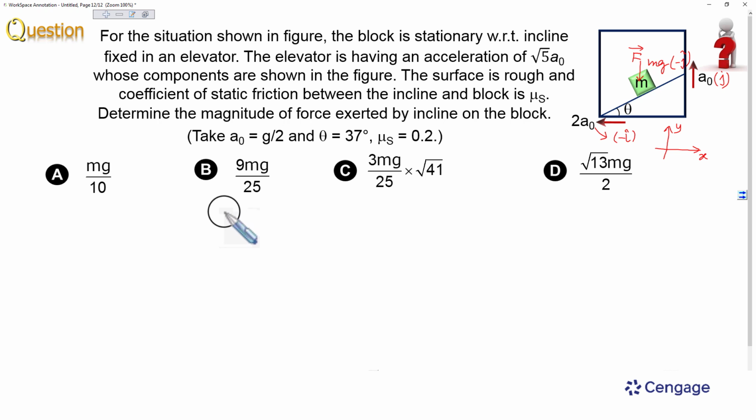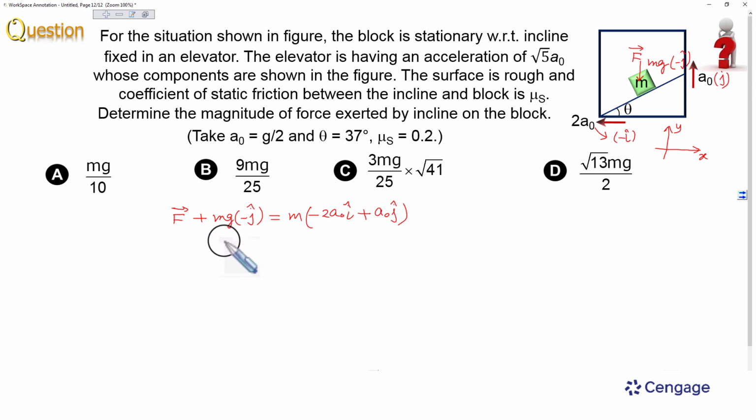Here we can write the equation of motion for the block. F vector plus mg multiplied by minus j cap should be equal to mass multiplied by acceleration. The acceleration is minus 2a naught i cap, and there is also the vertical component a naught, so we write a naught j cap.